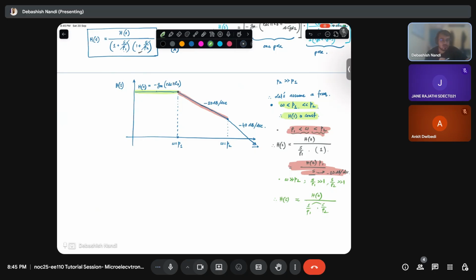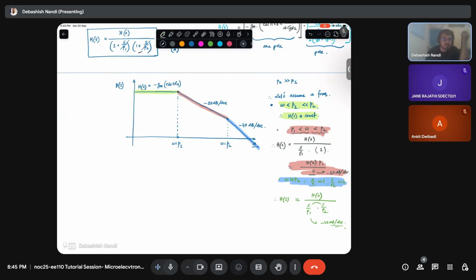Two s are getting multiplied, that means I am having omega square. In log scale, minus 20 log omega square will give me minus 40 log omega. So this will give me minus 40 dB per decade of slope. If I highlight it in blue, this will be this region.